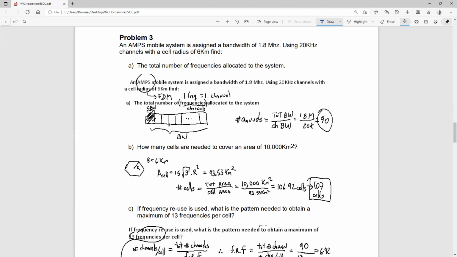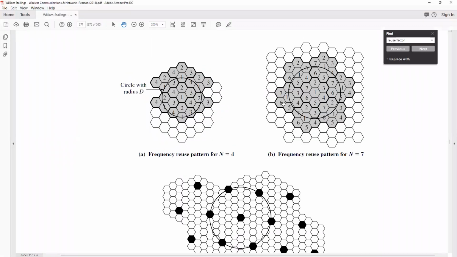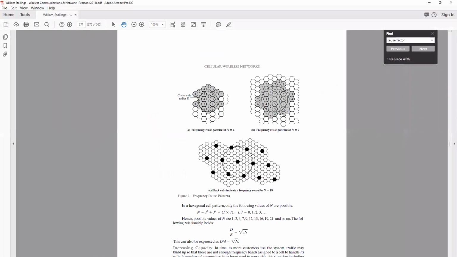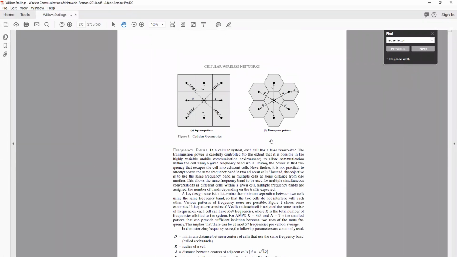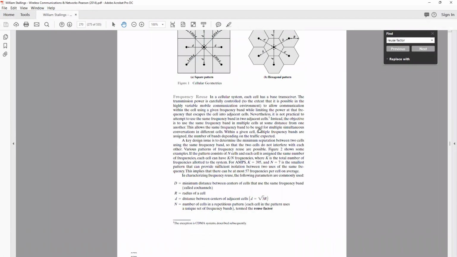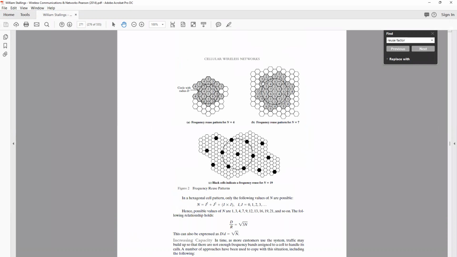Let me just open your text. So you can see an area being covered by a set amount of towers. It will be basically in a honeycomb type of structure, right? And each structure is going to be covering a hexagonal area.